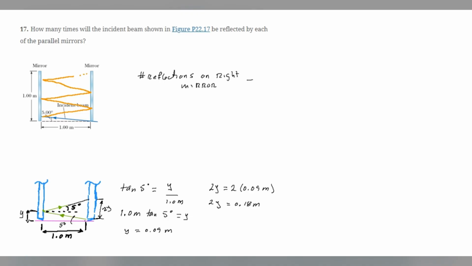The number of reflections in the right mirror will be the height of the right mirror divided by 2y, because the first reflection occurs at 2y from the bottom of the mirror. So the number of reflections will be the quotient between the total height of the mirror and 2y.